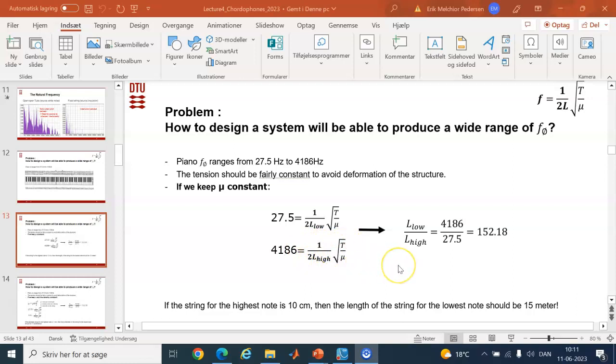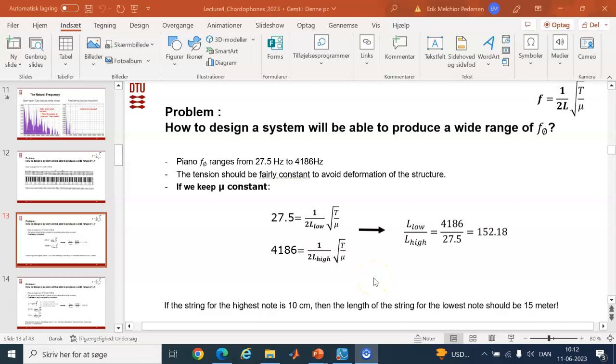And if we make some calculations, that means that L low divided by L high is this fraction, 4186 divided by 27.5, which is 152.18. It's just a simple calculation.